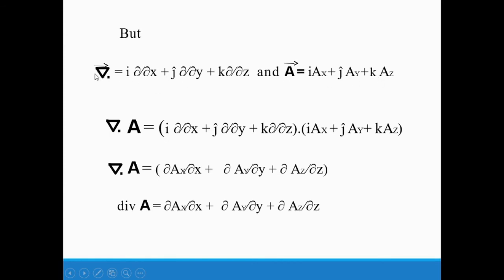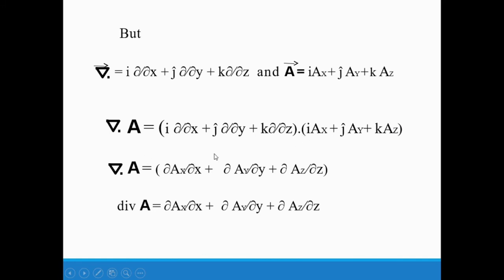When we perform the dot product between these two vectors, del dot A gives rise to, from the properties of vectors, i dot i becomes 1, j dot j becomes 1, k dot k becomes 1, and all other combinations become 0. We apply the same here and find i dot i as 1.